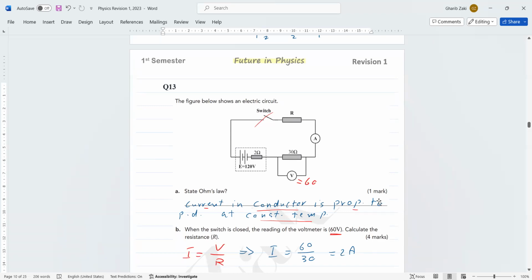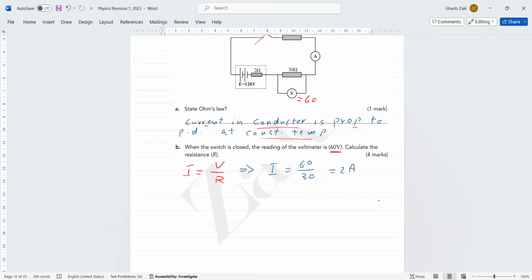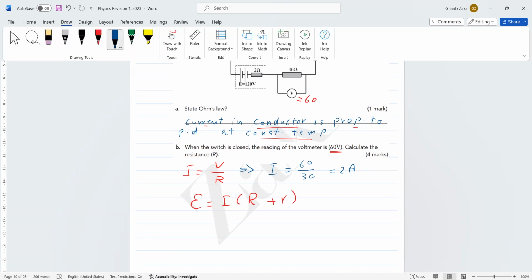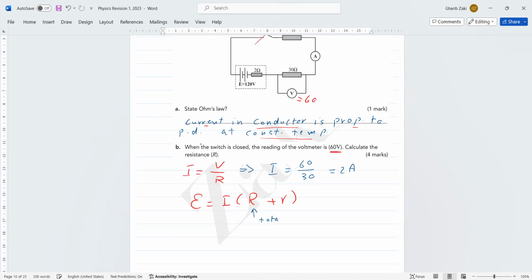Which formula, when we have the internal resistance? We can say here EMF equals I times (R plus r). What is R? R is the total external resistance. Now, EMF here is 120, and the current is 2. What about the external resistance?